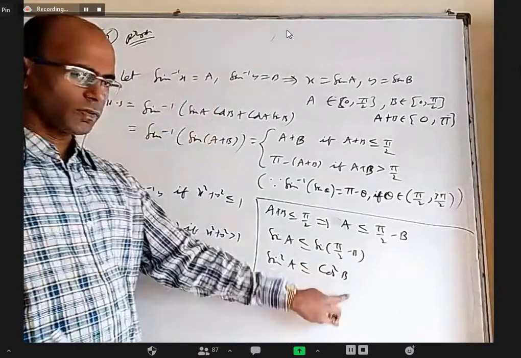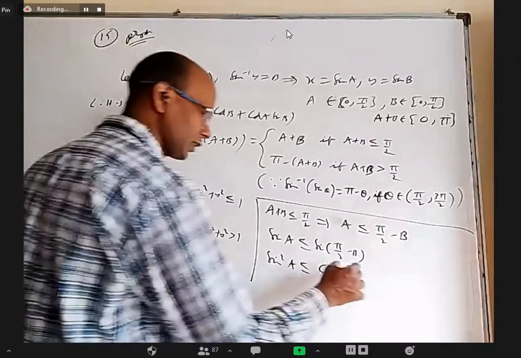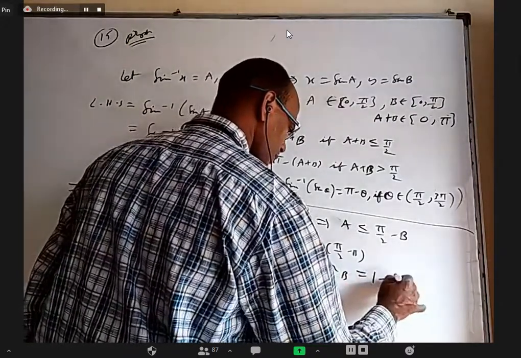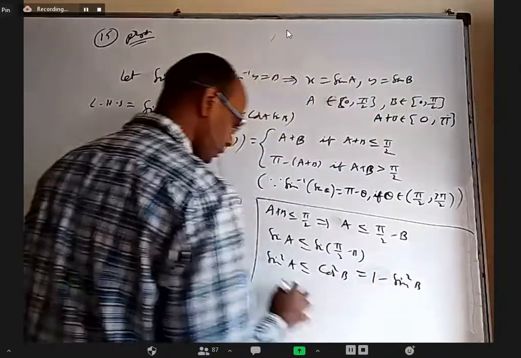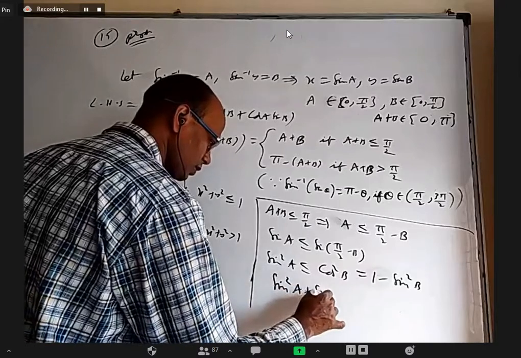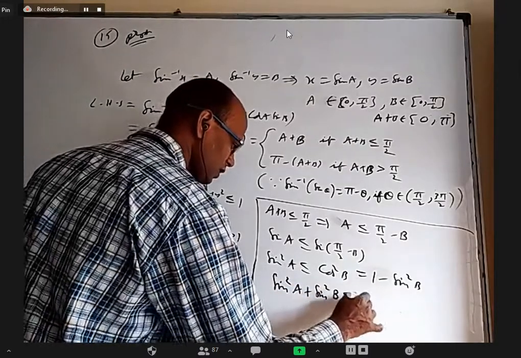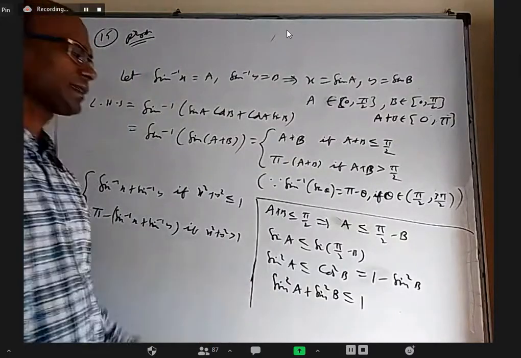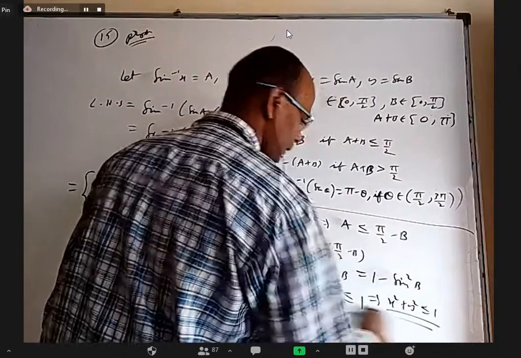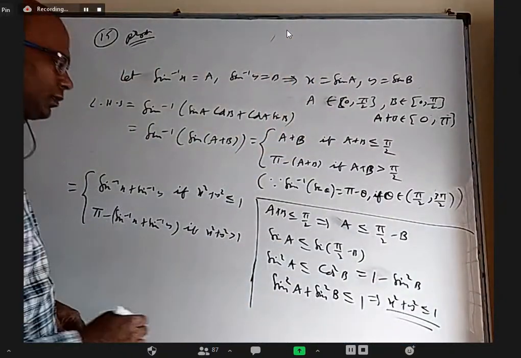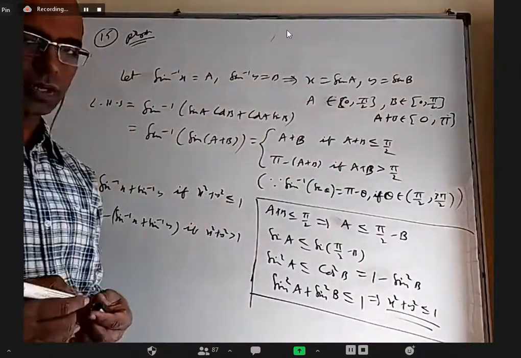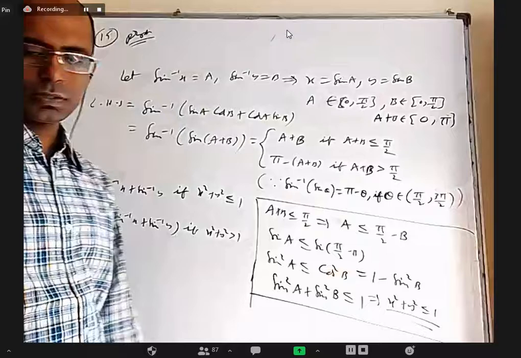This cos square b, write 1 minus sine square b, and bring sine square b to this side. Sine square a plus sine square b is less than or equal to 1. That is exactly x square plus y square less than or equal to 1. So a plus b less than 90 in x and y means x square plus y square is less than or equal to 1.